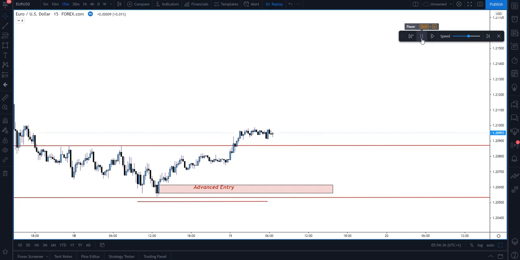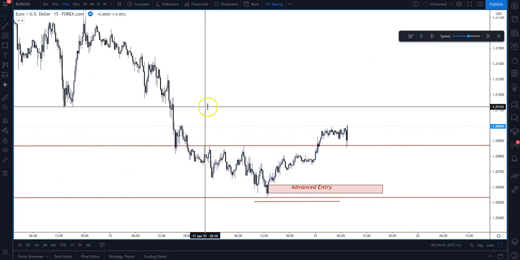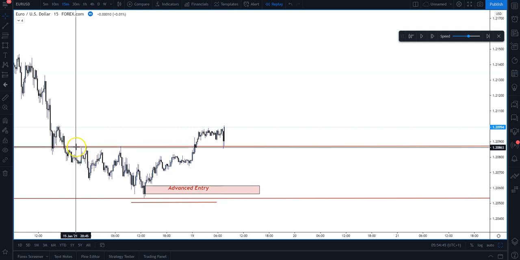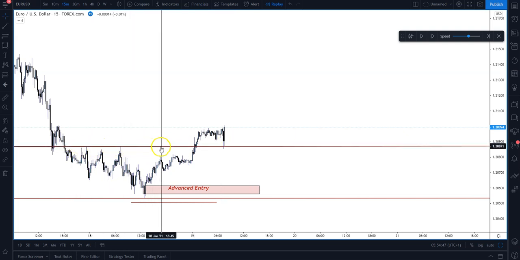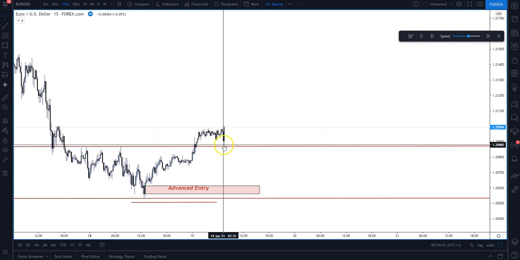On an official retrace though, I don't want the baby retrace. There we go. Alright, so seeing it doing this, it touched the actual zone here, the resistance zone. Entry could have been right here. Right when it touched, you could have entered.